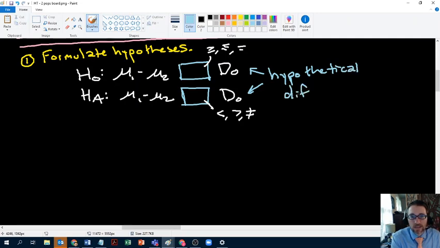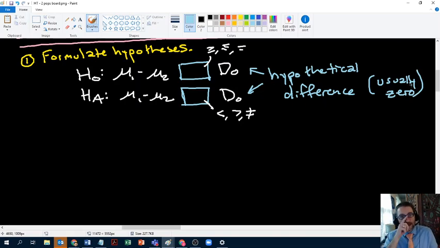In most applications, this is usually 0. That's because if it's 0, then we're just testing, are these things the same or are they different? Often what we want to know is, we have two populations that are different in some visible and easily observable way. Are they also different in some other way, looking at this variable? You could put a number there if you wanted to see if the difference was more than a certain value, but you don't have to. Anyway, step 1 is done once we've stated these.